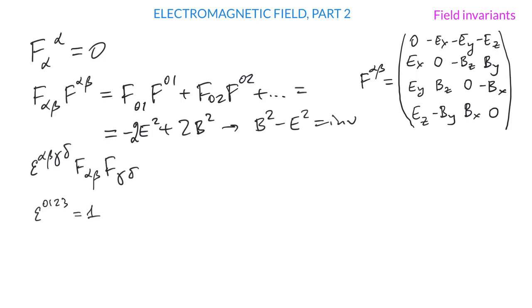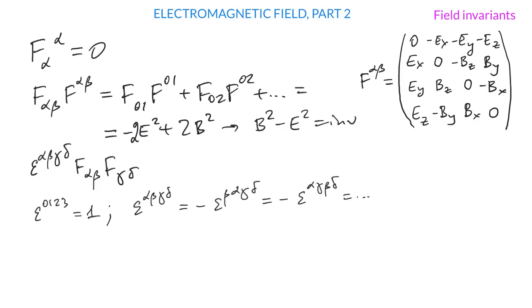And then it's antisymmetric with respect to all pairs of indices. That means epsilon alpha beta gamma delta is equal to minus epsilon beta alpha gamma delta, minus epsilon alpha gamma beta delta, and so forth.